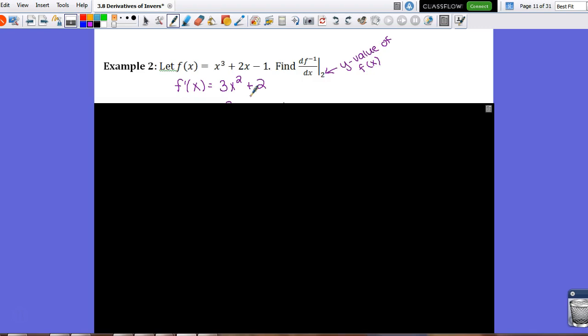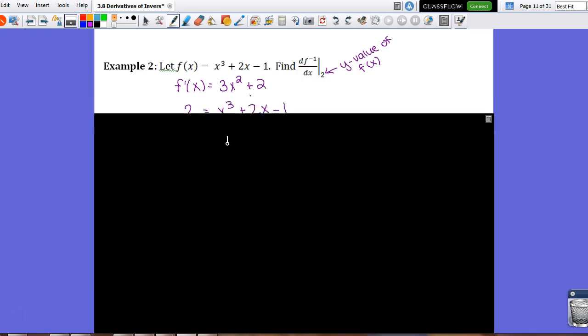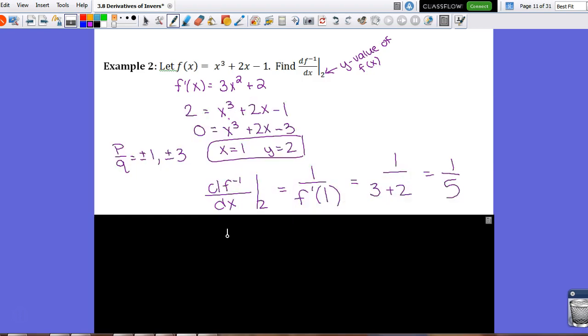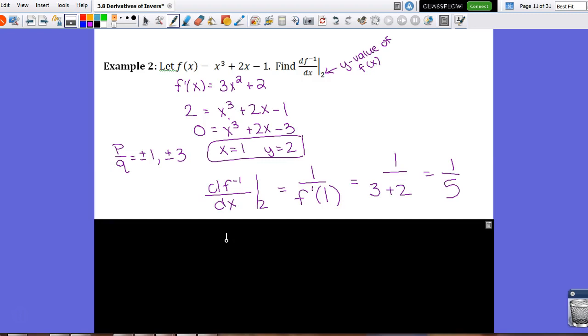Yeah. So now, exactly, you find the derivative at 1. So the inverse derivative. That's what I keep saying.